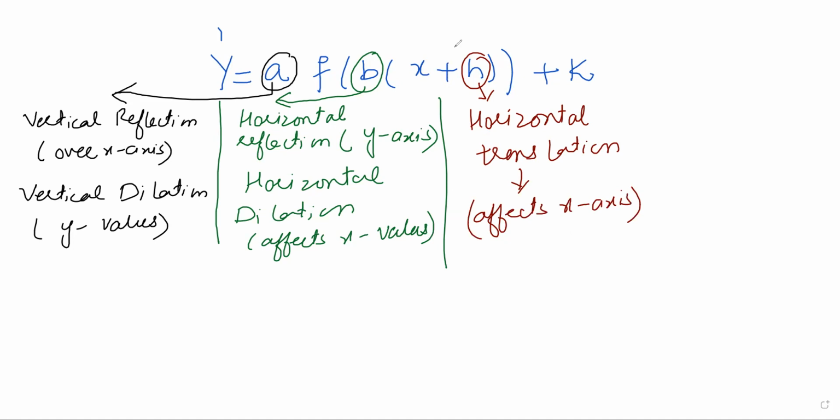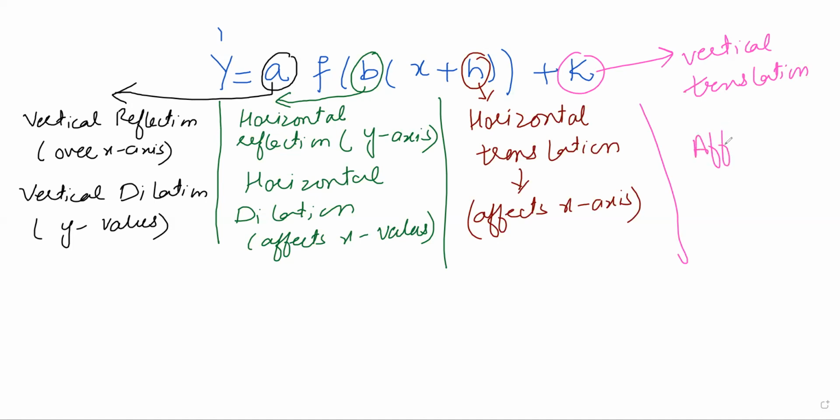The last one is vertical translation. And vertical translation means it's going to affect y values. Are you getting my point?